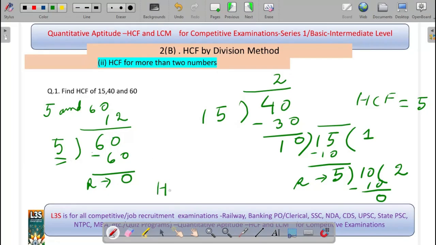So the HCF of 15, 40 and 60 is equal to 5. This is how we do HCF for more than 2 numbers. First we find the HCF between 2 numbers, and then the HCF of that result and the remaining number, in the same way.